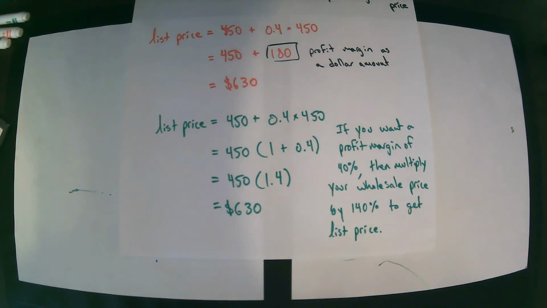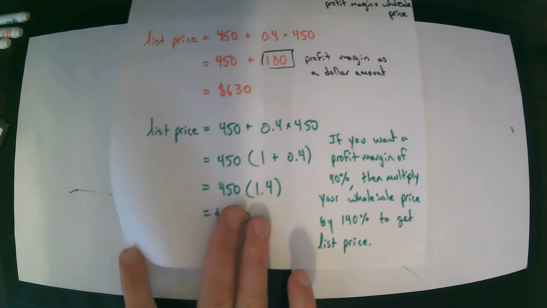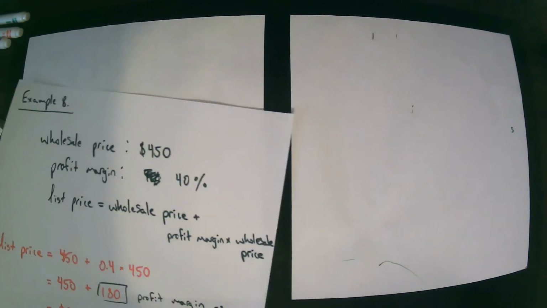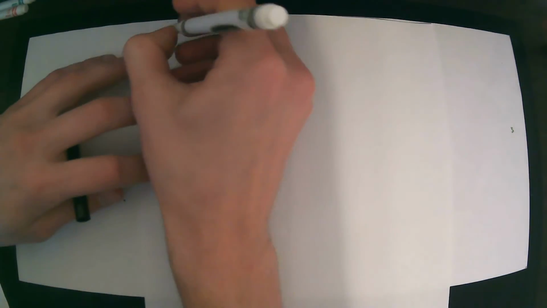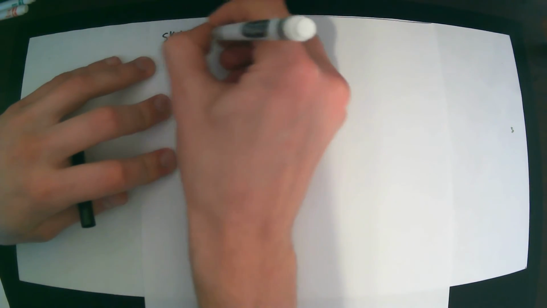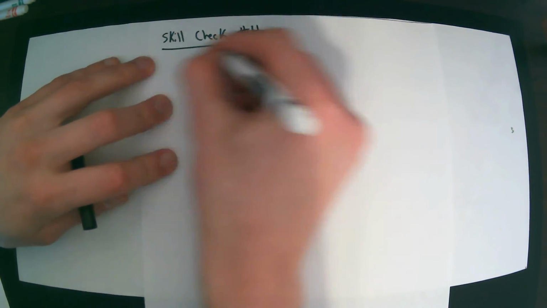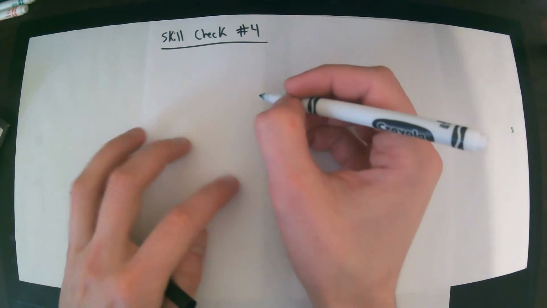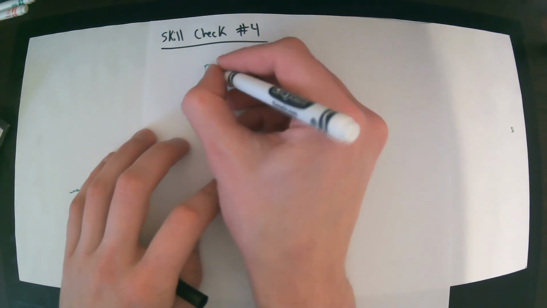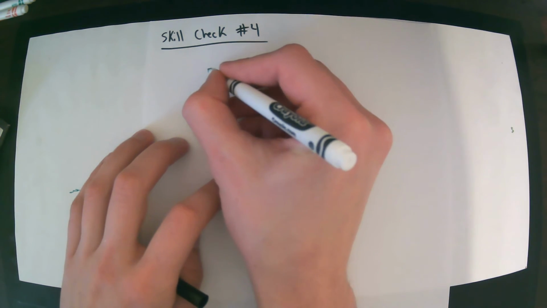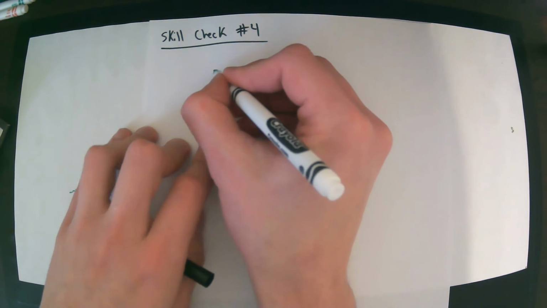So, that's all the examples, but I want to look at this skill check problem. It's called skill check number 4. In the text, it says use the list price of $630 for the bike in example 8 to find the sale price if the bike was reduced by 40%.